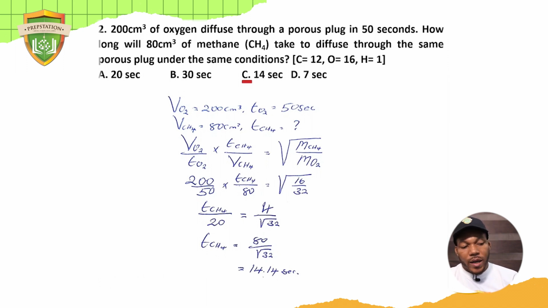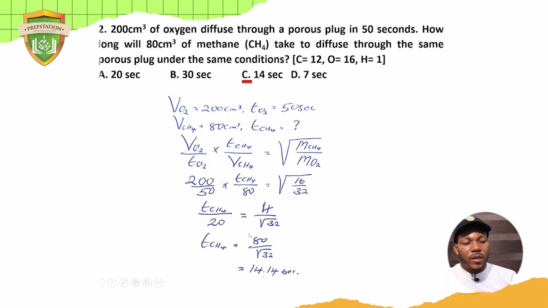You don't square both sides here, but you cancel carefully. If you cancel carefully, you now have T over 4, all over 20. Are we together? Then the square root of 16 is 4. Then 32, there is no square root, you keep it. You are looking for the time for methane. So therefore, make your T of CH4 the subject of the equation.